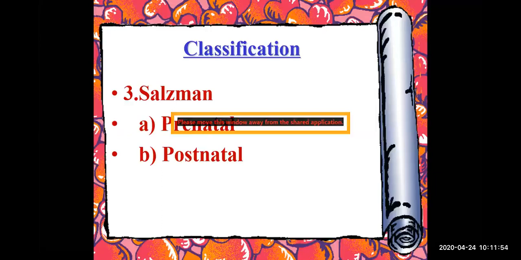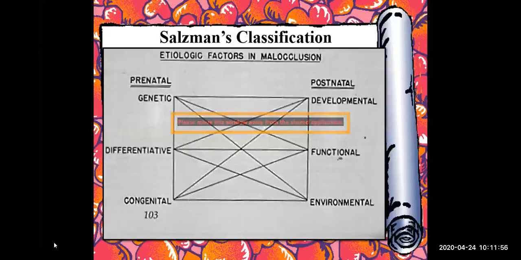The Salzmann, if you see, he has again divided. Basically, prenatal or the intrauterine life is nothing but genetic, differentiative, and congenital. The postnatal, you can see on the right side, you see the developmental, functional, and environmental factors.